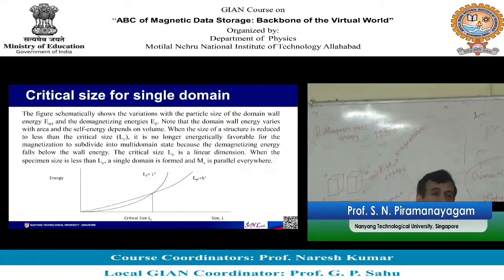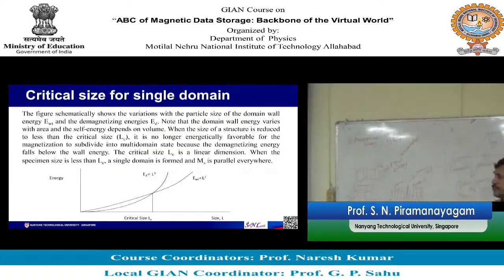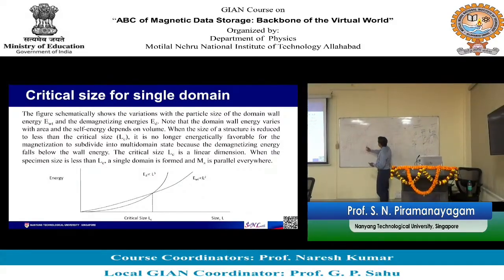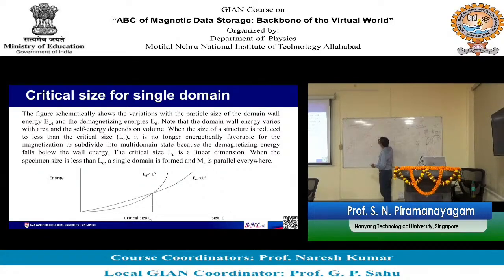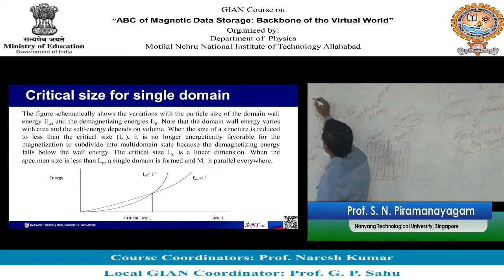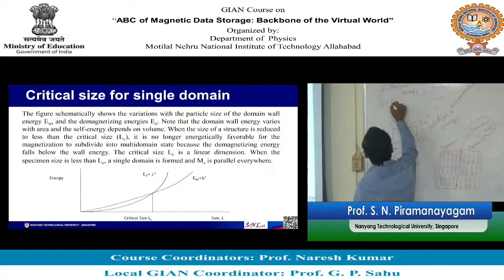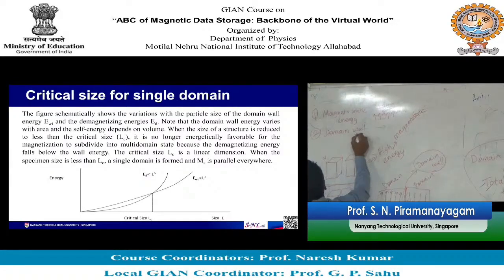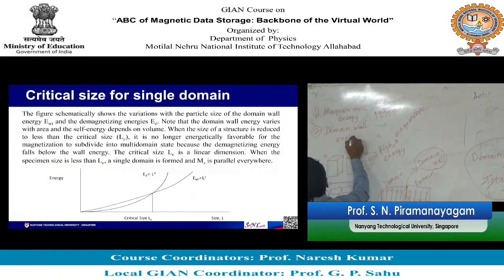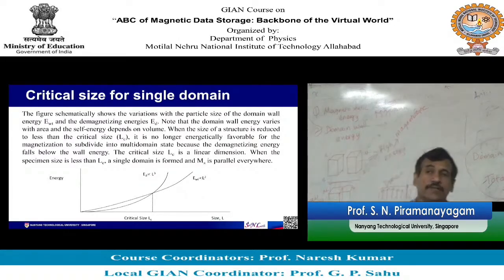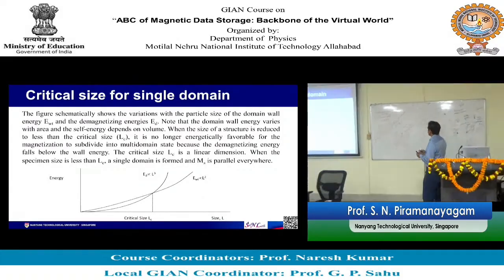But there are also other energies we need to consider. For example, now let us say we formed domains and there is a domain wall. This domain wall also needs some energy. So, when you form a domain wall, there are two energies associated with it.